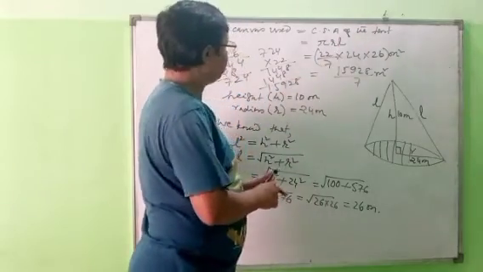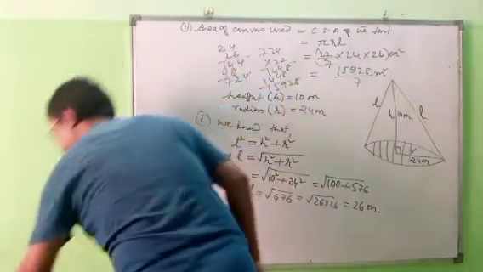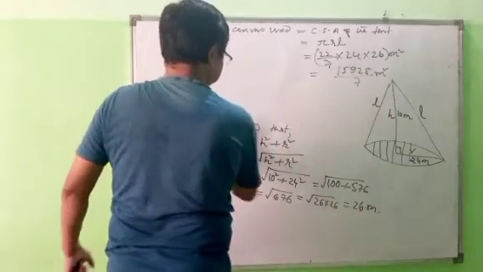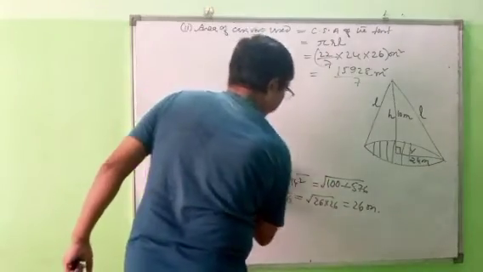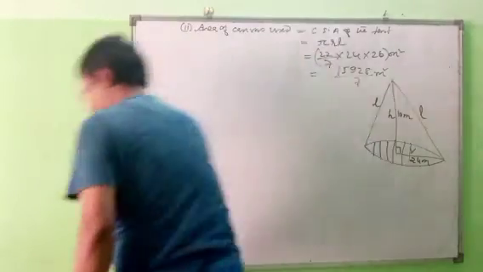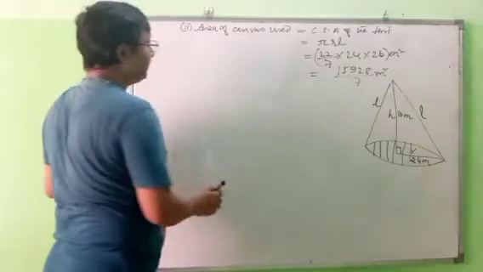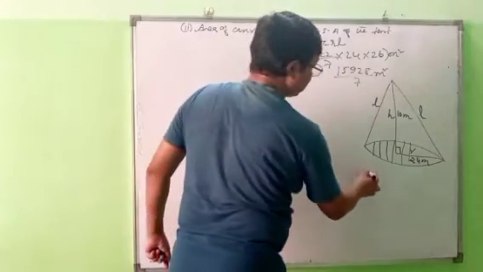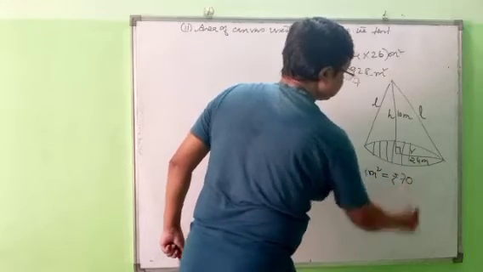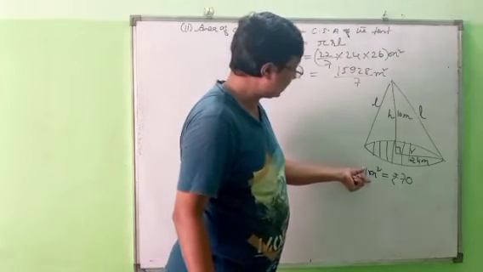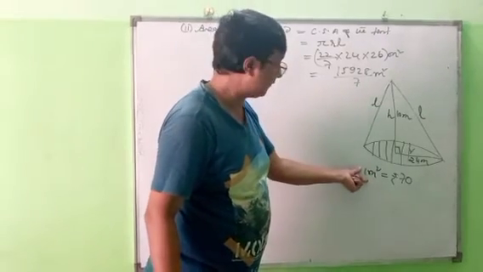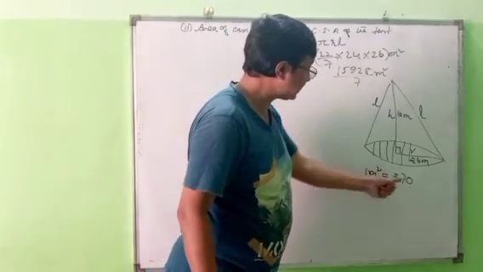Now here they have given the rate of the cost. They have asked you to find out the cost of the canvas used. They have given that for 1 square meter of canvas, the cost is rupees 70. Just for using 1 square meter of canvas, they will pay 70 rupees.